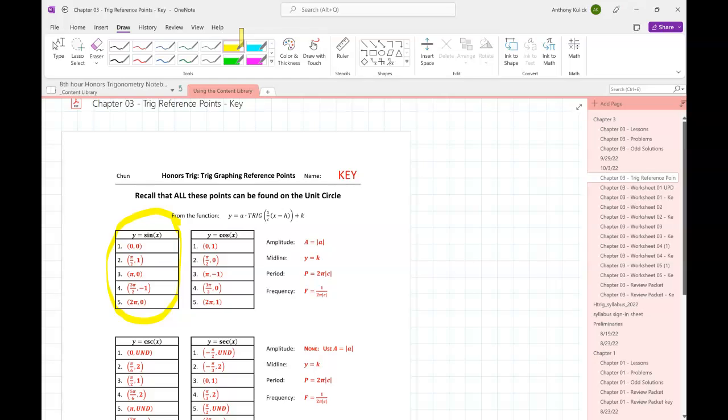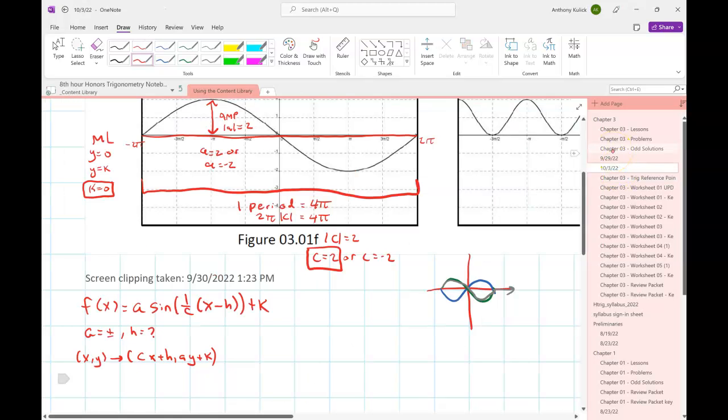Now, when I look at the graph of sine, what type of point is 0, 0? That's a midline point, right? That's a point that lies on the midline. But there's actually 2 different kinds of midline points.